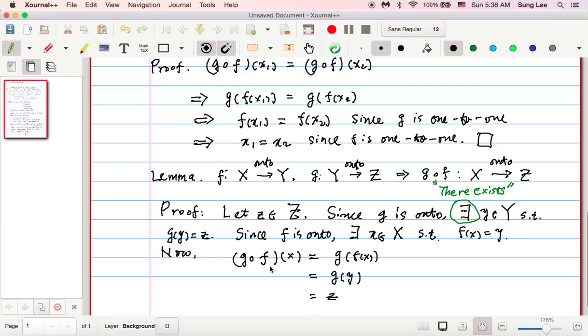So that's what it says, right? f followed by g acting on x equals z. Okay, right. So by definition this completes the proof.